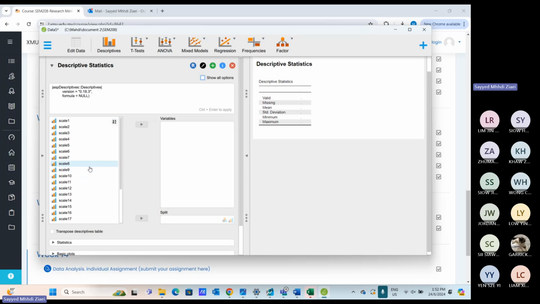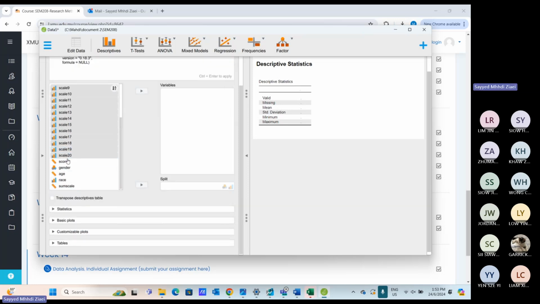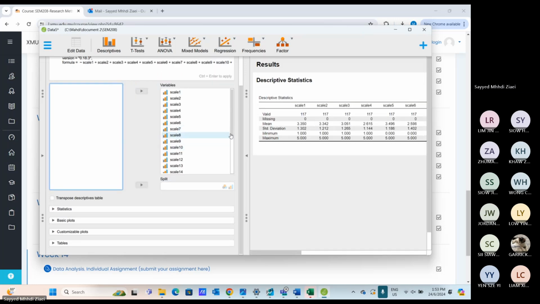Take all variables. Okay, we have descriptive statistic. The valid is 117. We have 117 respondents. Missing, no missing. It means we have data of all respondents.